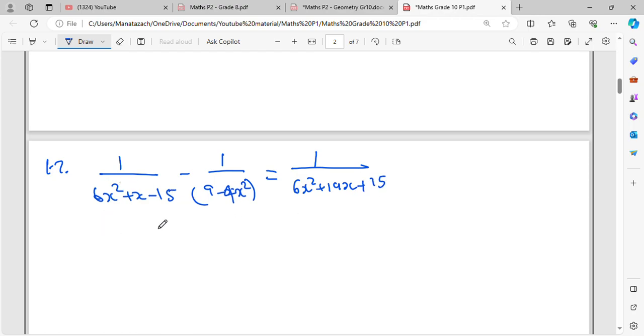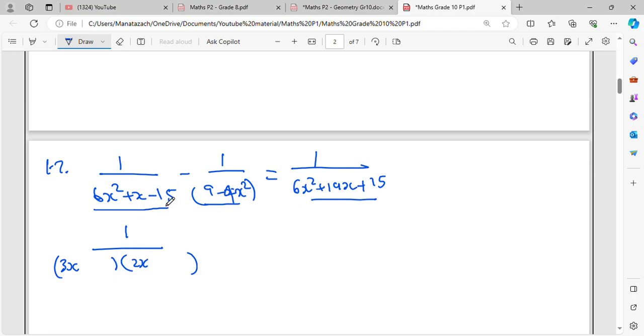Okay, so let's factorize this denominator and that denominator and that denominator. So if you factorize this, the factors will be 3x and 2x. That's the factors of 6x squared.